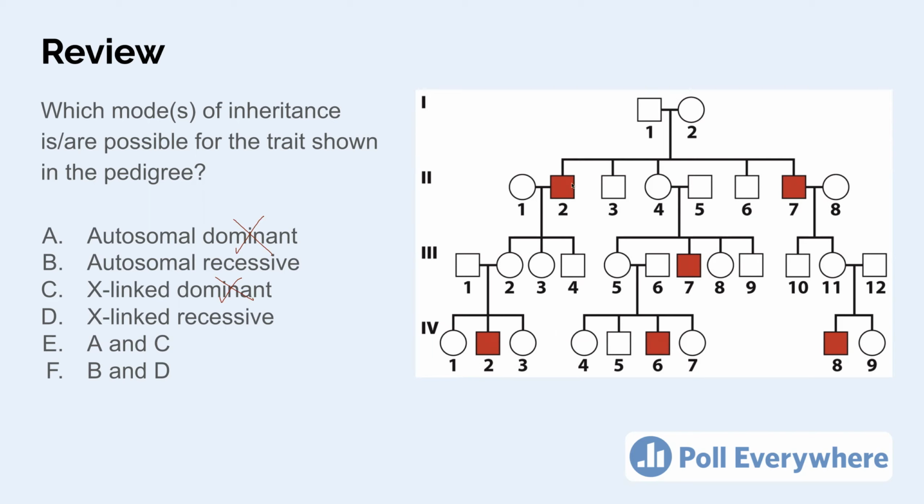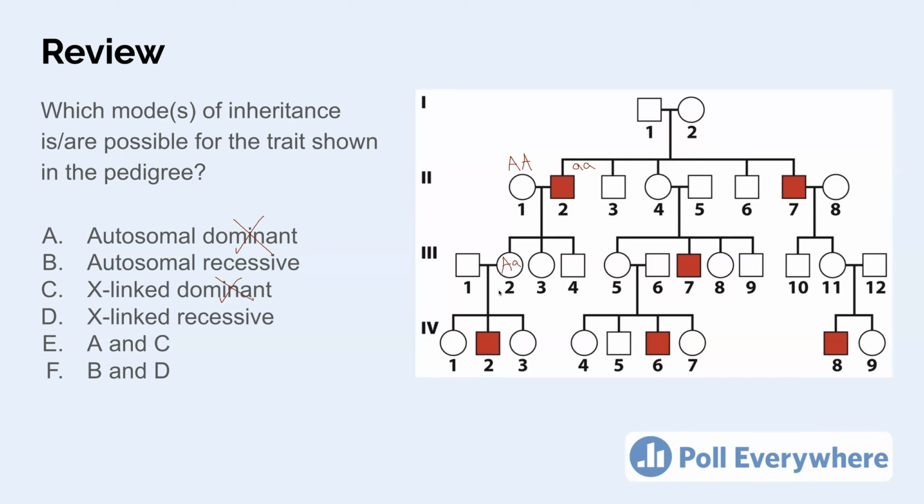All right, autosomal recessive. So if it was recessive, let's just work through this. If it was caused by an autosomal recessive trait, this one always gets tricky. I like to simplify this a whole bunch and say that people coming from outside the family would not carry the disease allele.